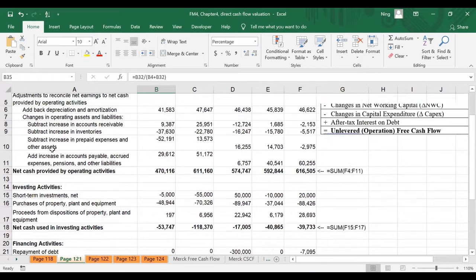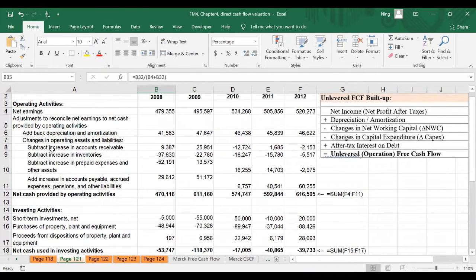In order to estimate unlevered free cash flow, we have to first locate the values for all the input variables that go into calculating unlevered free cash flow. Let's quickly review what input variables are. Specifically, we need net income, depreciation amortization, changes in net working capital, changes in capital expenditure, and after-tax interest on debt.